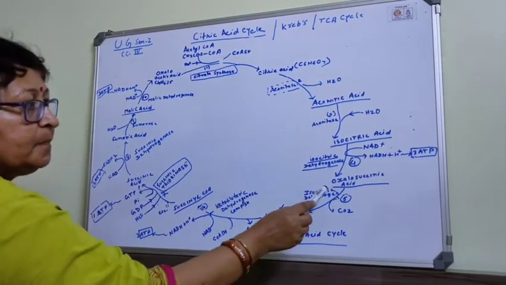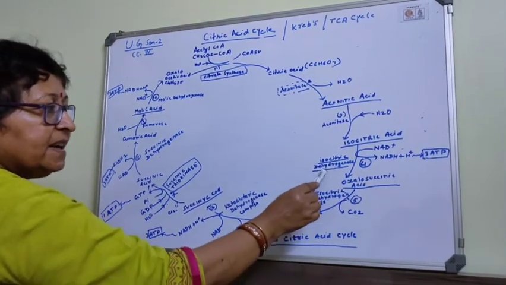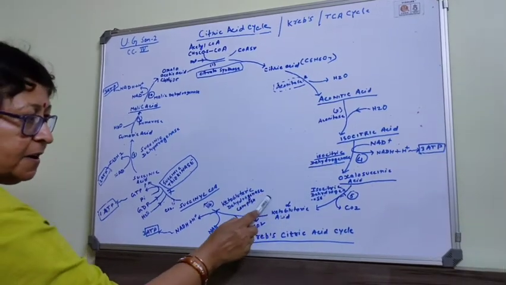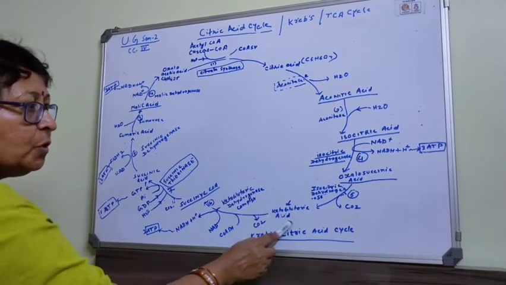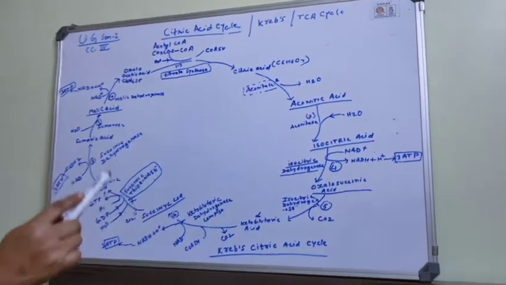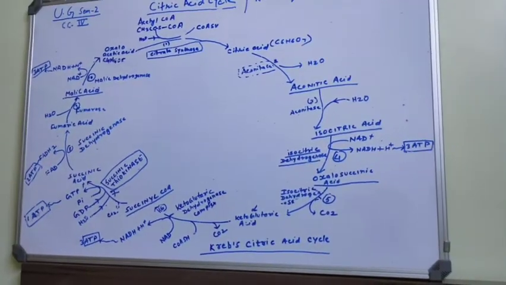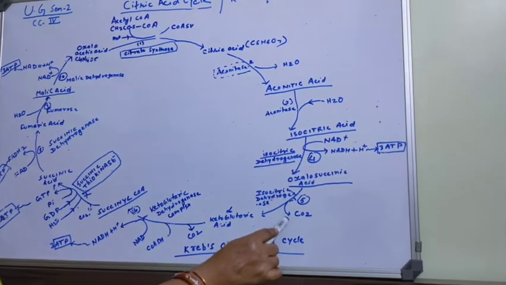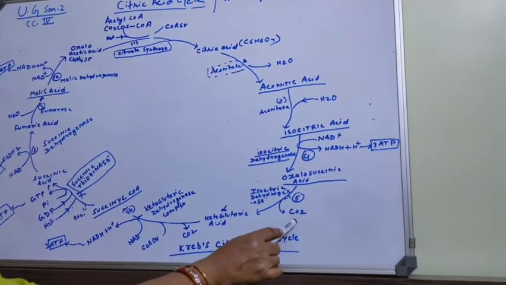In the next step, this oxalosuccinic acid is converted into alpha ketoglutaric acid in presence of the enzyme isocitric dehydrogenase and one molecule of carbon dioxide is released.